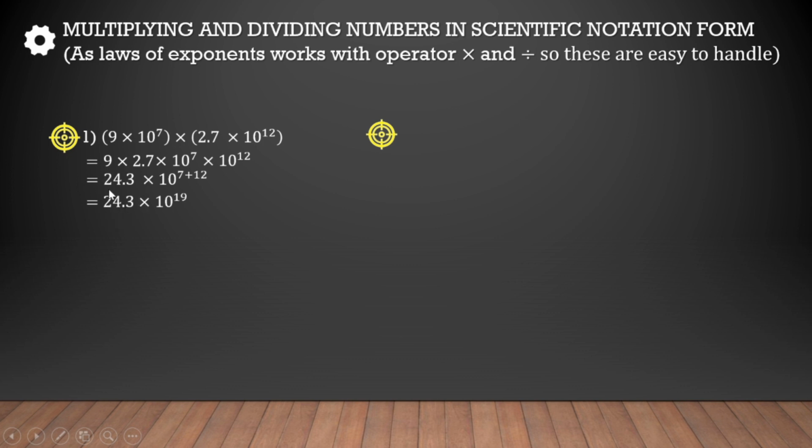We have to make it 2.43. We have to make it less. So we will divide. So here we have to bring this decimal to here. So we'll divide by 10, and to counterbalance we have to multiply with 10, and this is 10 raised to power 19. This will get used up here, so this will turn into 2.43 and here 10 raised to power 20. Let's come over to the second question.